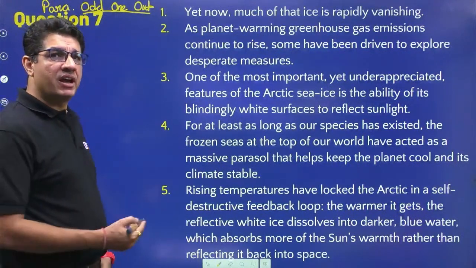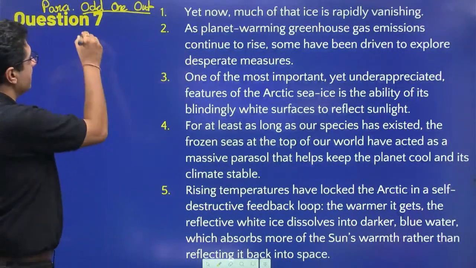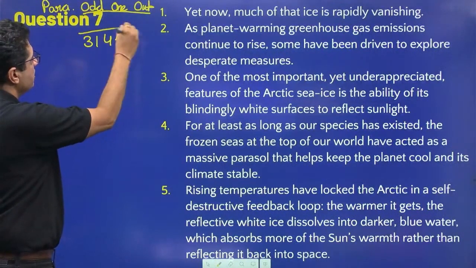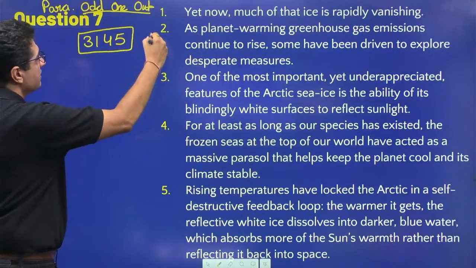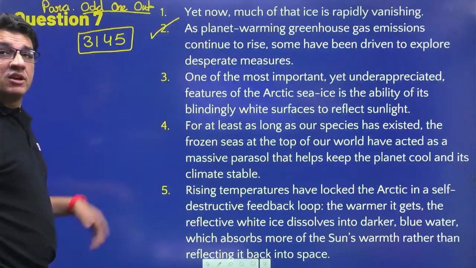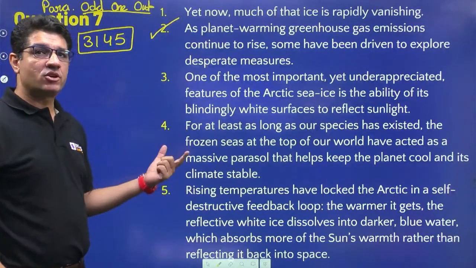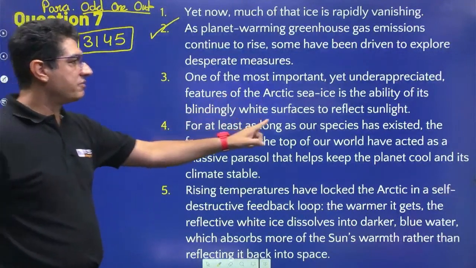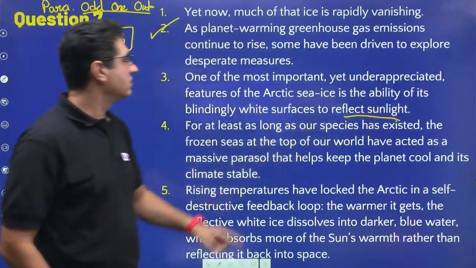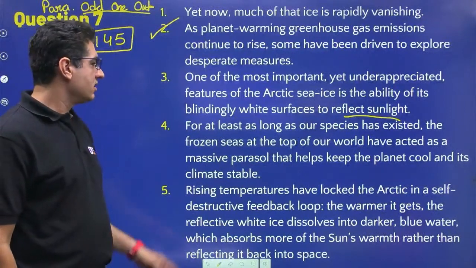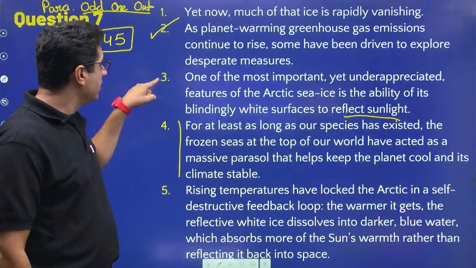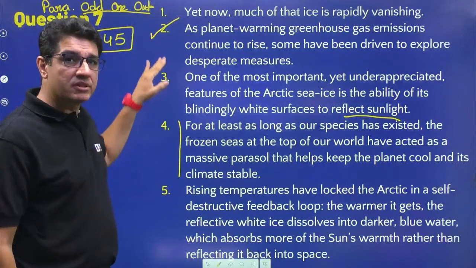So if I were to treat it as a parajumble, I can arrange these 4 sentences in this sequence that leaves the second one out. Look at third. Third talks about Arctic sea ice reflects sunlight, right? And fourth essentially extends it. So normally our instinct will be to put first immediately after third.